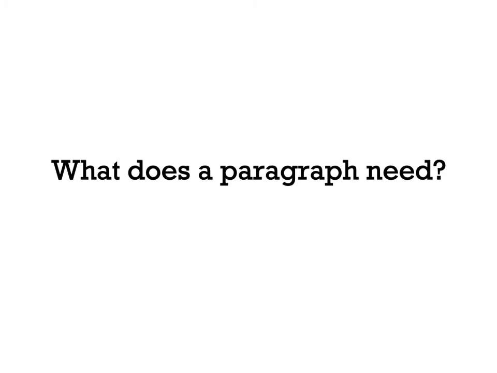Okay, so now please open your textbook and turn to page 8. From page 8 to page 11, we are going to learn the basic format of academic writing. So before we start looking at the format, I'd like to ask what the 3 essential parts of a paragraph are.